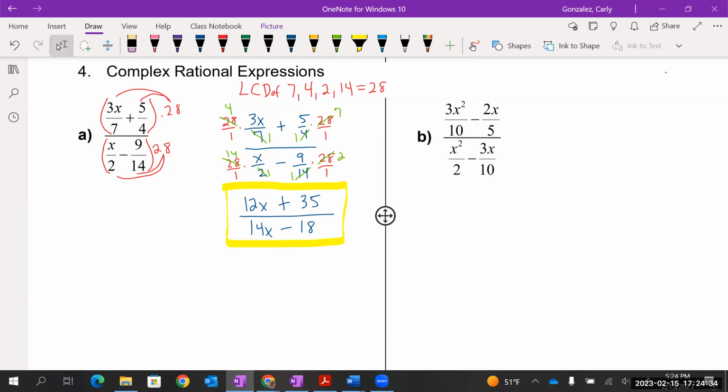Now, for some of you, that method is a little unsettling, and so if that's the case, I will show you another method. There's actually multiple methods, but another one that I've really liked is this. I'm going to copy down the original problem.